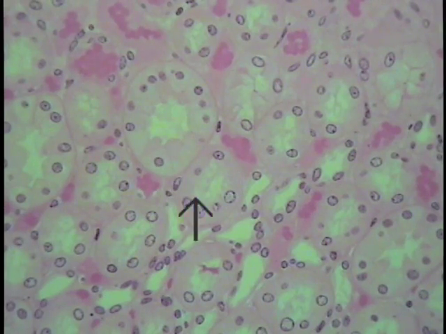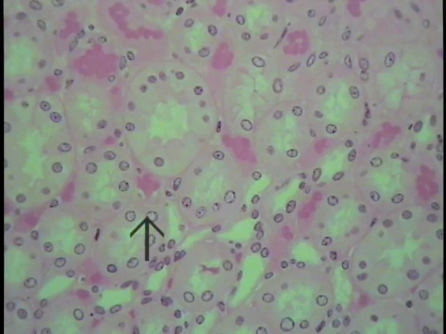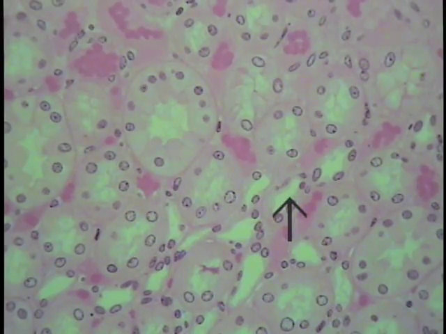Compare it with a tubule such as this. It's much flatter or lower, more cube-like, so it's simple cuboidal, and then the simple squamous tubules at this particular location.